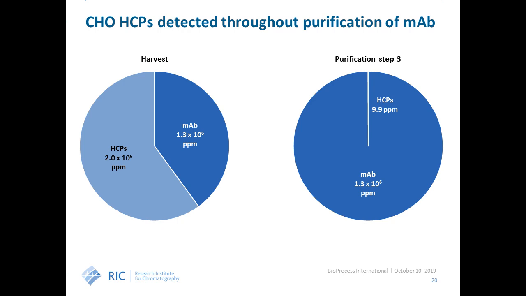Now another interesting view into the data is presented in this slide here, which shows that in the harvest sample, the total host cell protein concentration is at 2 milligram per milligram of protein. So this is 2 million ppm that we are talking about here. And in the final purification step, the total host cell protein concentration drops drastically to only 9.9 ppm, or 9.9 nanogram per milligram of therapeutic protein.